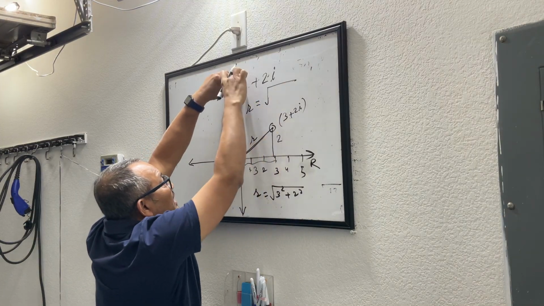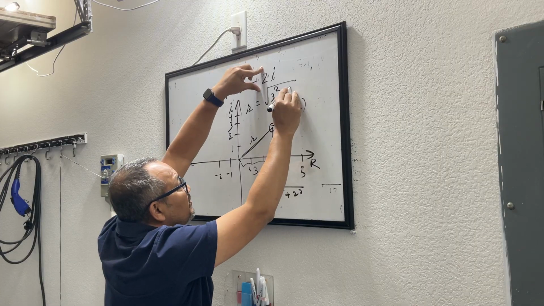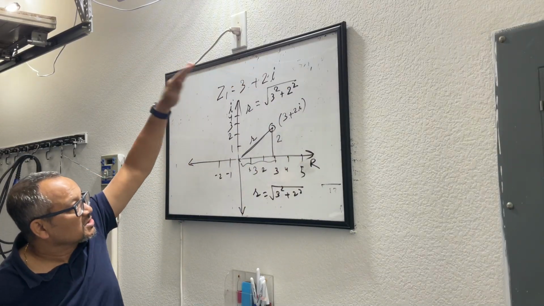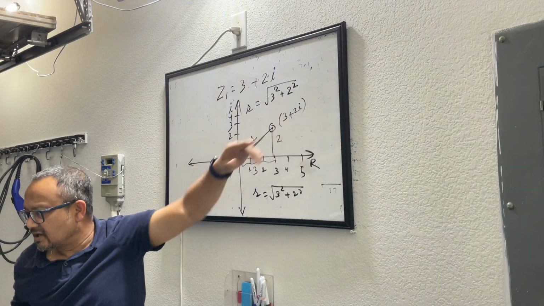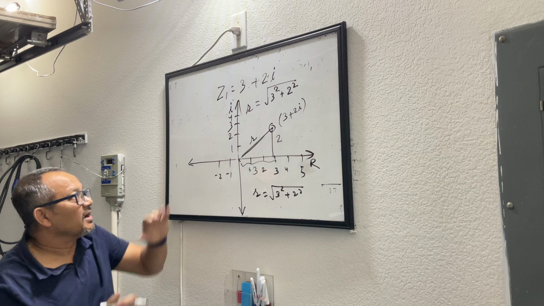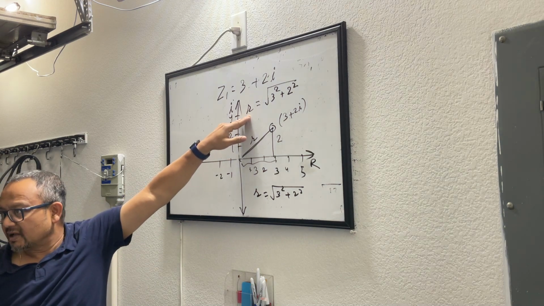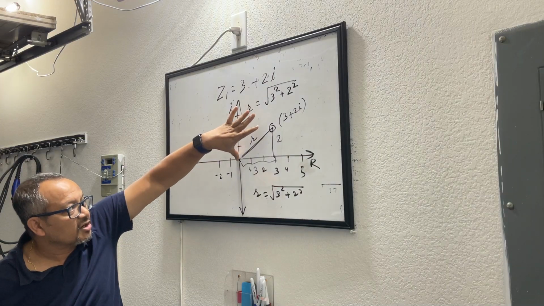the square root of the sum of the square of the real component and the square of the imaginary component. Now look at it. This magnitude is nothing but the exact, absolute distance from origin to this point.